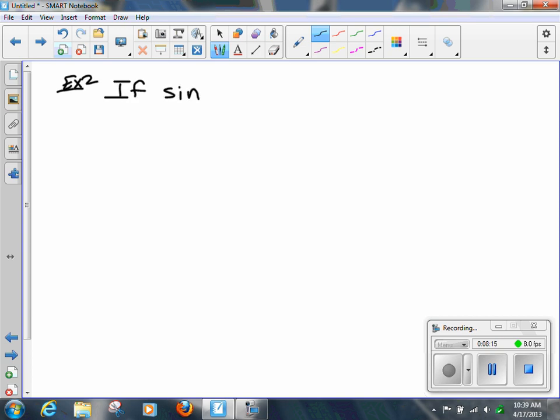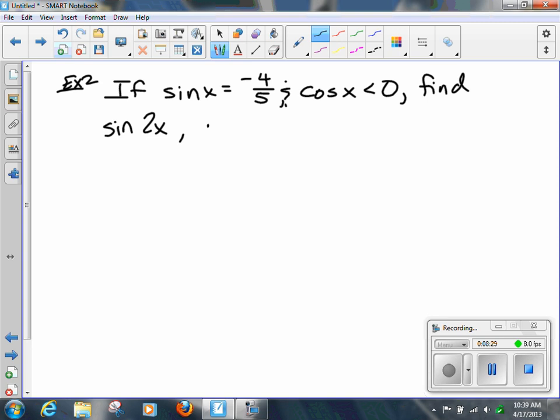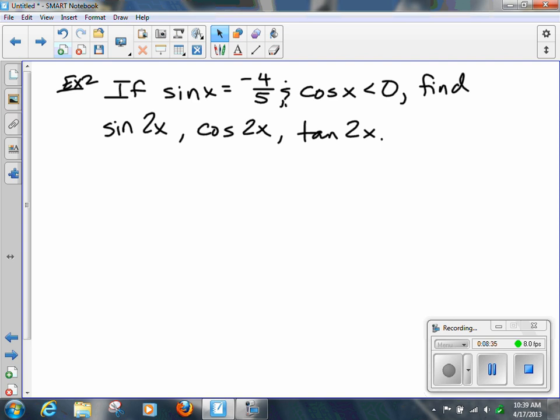If sine of x is equal to negative 4/5 and cosine of x is less than 0, I want you to take a few minutes and find sine of the double angle, cosine of the double angle, and tangent of the double angle. Take the time to do all 3 of these.